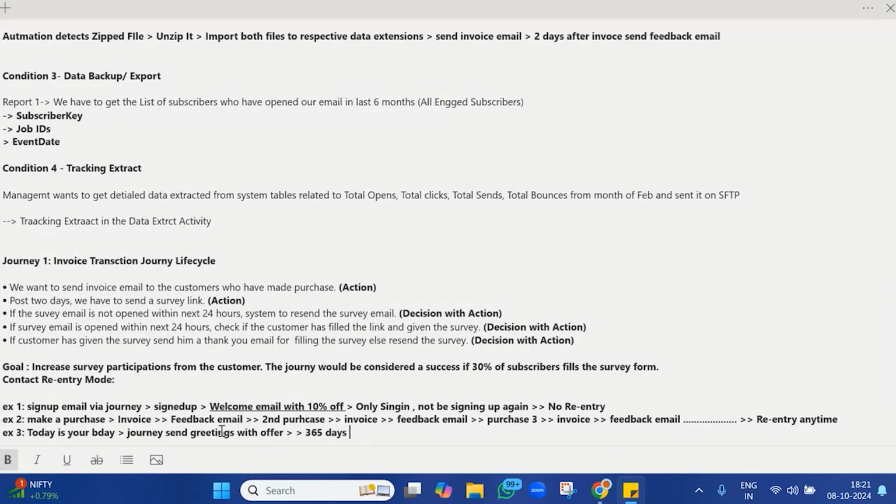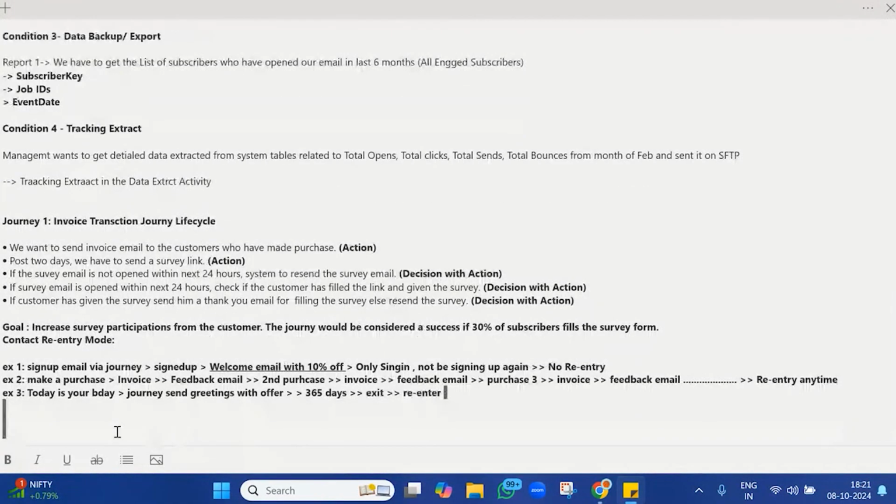Today if you entered, you complete the entire 365 days, and then you exit, and then you re-enter. That means you have to exit from the current journey to re-enter again next year.